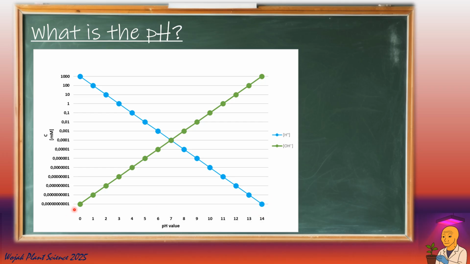You see these two dotted lines here. The blue one is H plus and the green one is OH minus. At any pH, you have a molar concentration of both, and at 7, they have the same concentration.